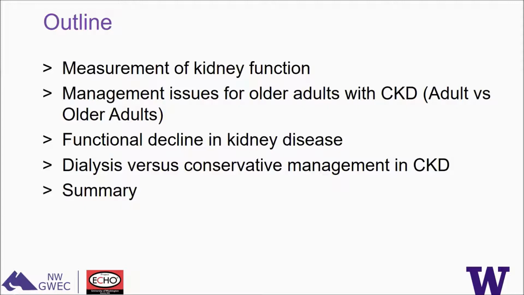And then we'll talk about whether dialysis is the appropriate option for older adults, and what are some of the major studies that look at the differences between initiation of dialysis versus conservative management. And then I'll wrap up.